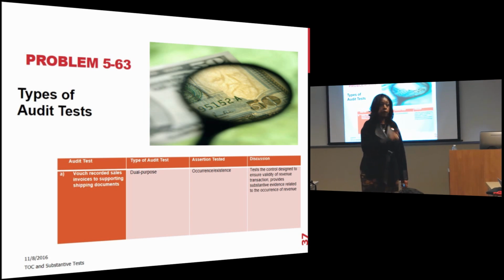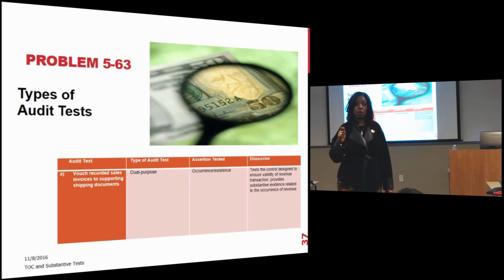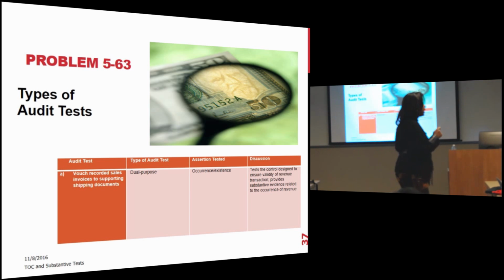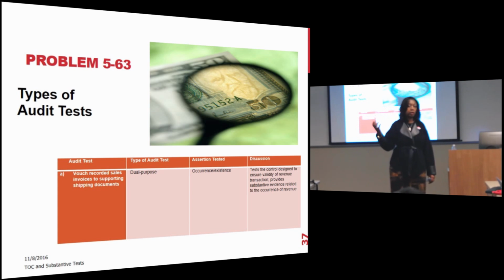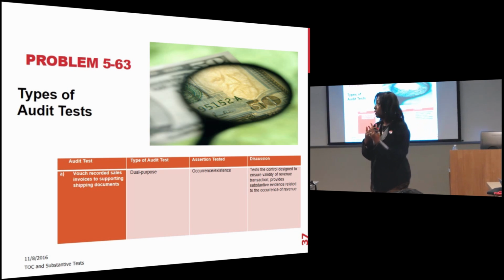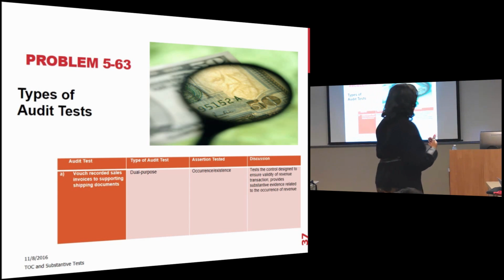So by performing this audit test, you now have information about controls around recording sales, right? Because sales should only be recorded when there's evidence that the sale actually occurred, which in this case is the shipping document. So a control would be that amounts recorded in the sales journal are supported by a shipping document. That's the control, and that test provides evidence of that.